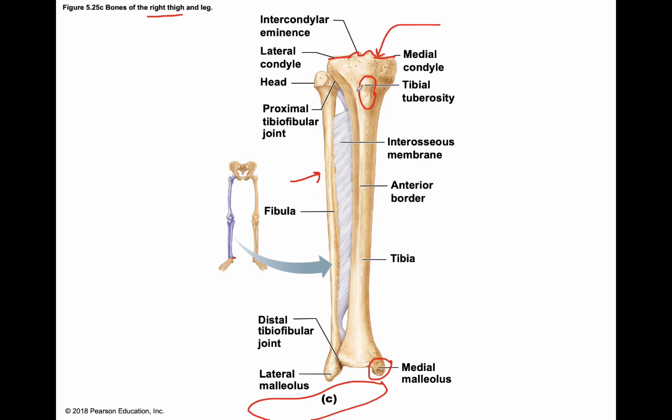Attached to the tibia is the fibula, and it attaches through what we call the proximal tibiofibular joint or the distal tibiofibular joint. These joints are immovable. They do not move. In between the tibia and fibula, you have this connective tissue called the interosseous membrane. It connects the shafts of these two bones together.